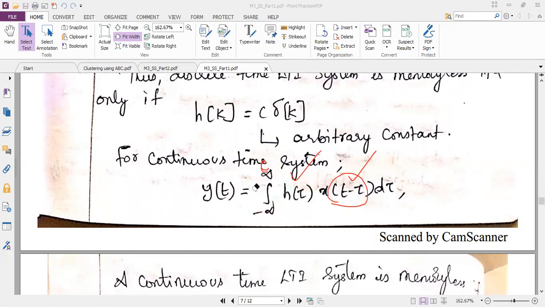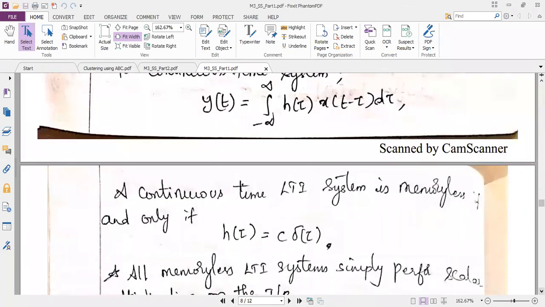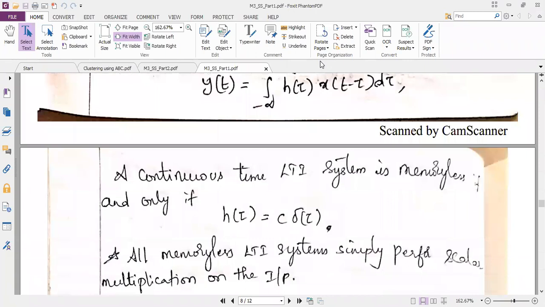Later, I want to write the condition for the continuous time system also, the formula of h. So instead of expanding the integration, I am directly writing the equation, because I have just written for the discrete time system h of k, which is equal to c multiplied with delta of k.